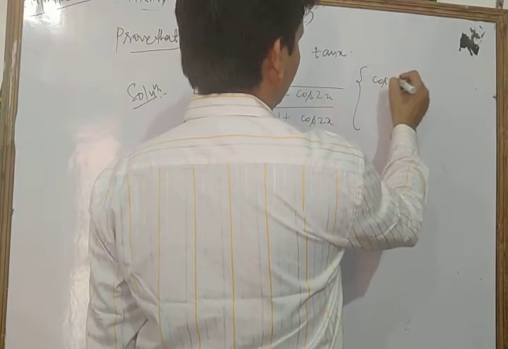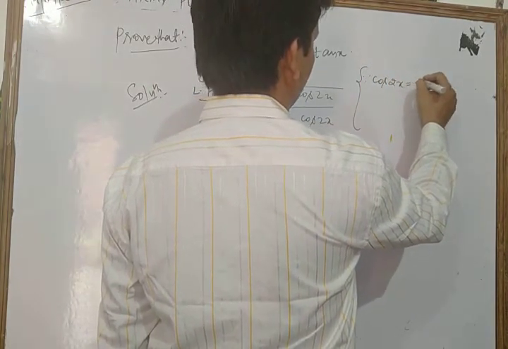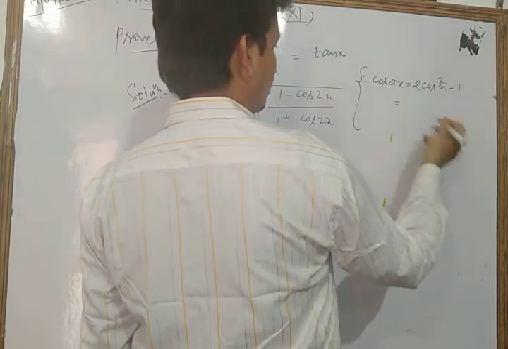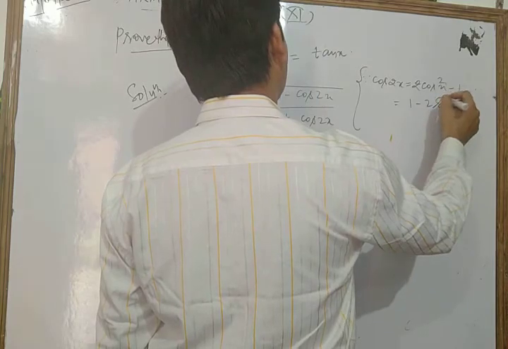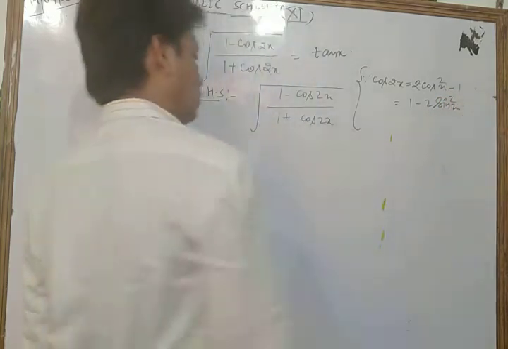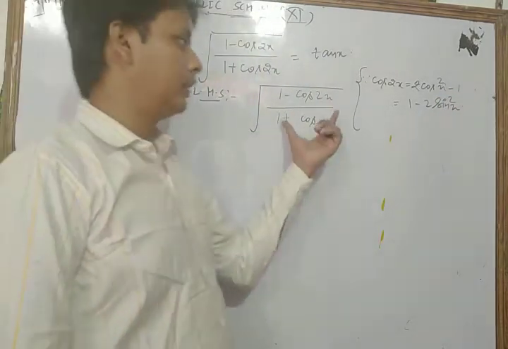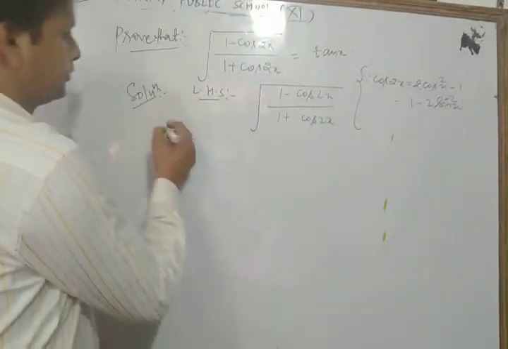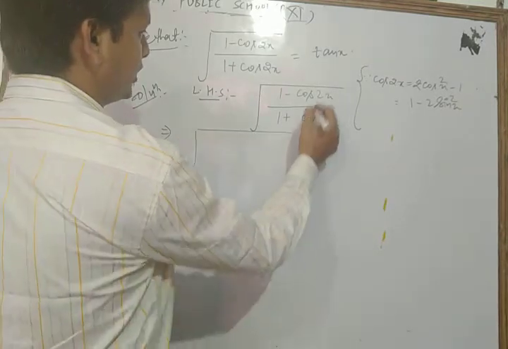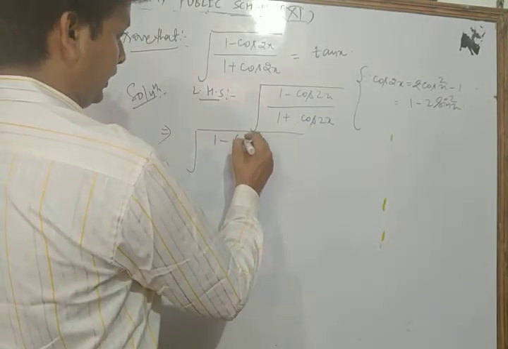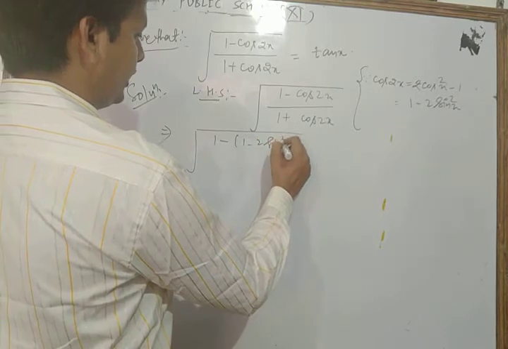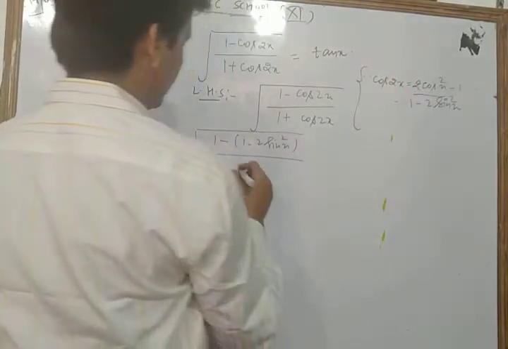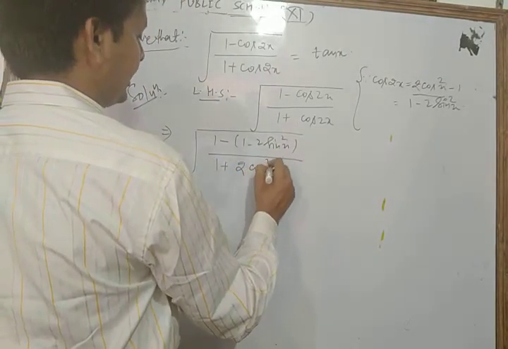We know that cos 2x is 2 cos square x minus 1, as well as 1 minus 2 sin square x. So here we use both formulas of cos 2x. First here we put 1 minus 2 sin square x, and in the denominator 1 plus, using that formula, 2 cos square x minus 1.